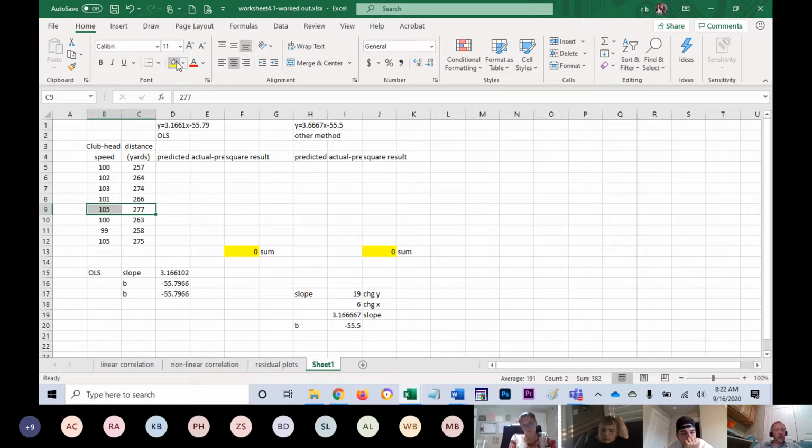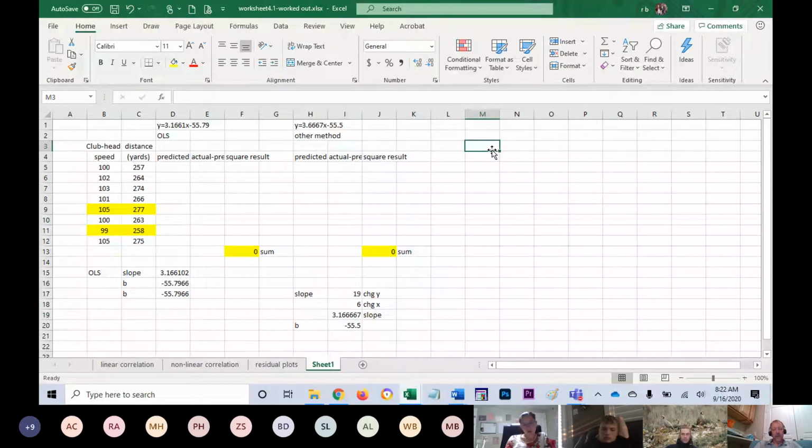So for those of you who have had math 1010 or even high school math, if I have 2 points, I should be able to find the equation of a line. Do you guys remember how to do that? x2 minus x1 and y2 minus y1.